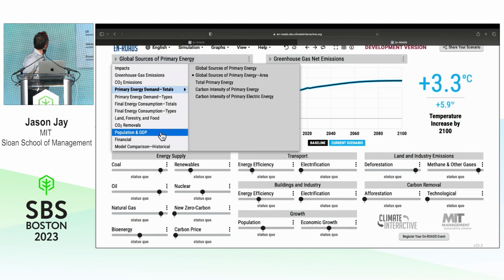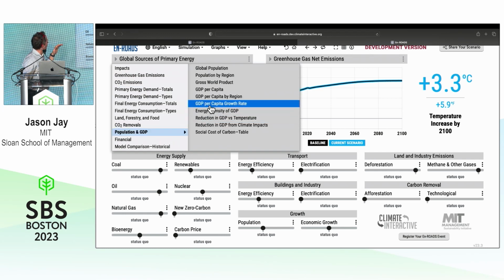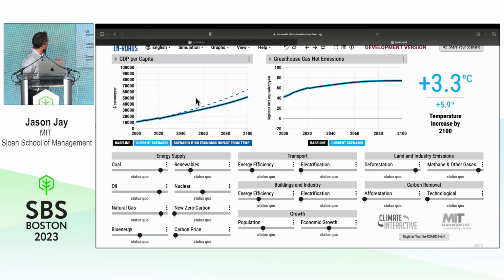Okay. What we're doing here can be done as an optional setting in the public version. We're making it default in the new version, so you can see this a little bit more clearly. So this is our current scenario, and this is the scenario if we had no economic impact from temperature.